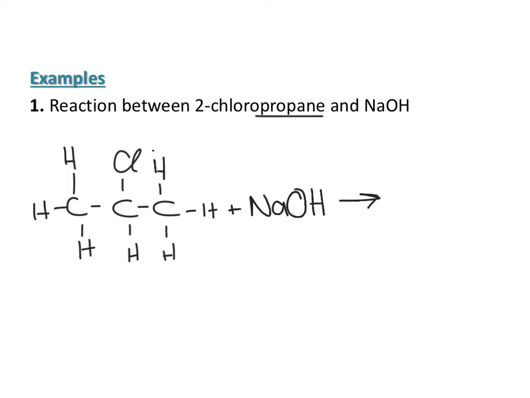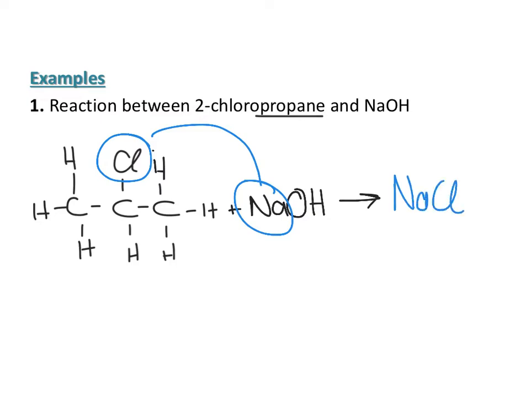I know that the chlorine's going to come off. It's going to bond with the Na. So in other words, I'm going to end up with NaCl. No choice as to where the OH goes. It's just going to replace the Cl. All right, so we end up with, probably should have drawn that going down, but it doesn't actually matter.